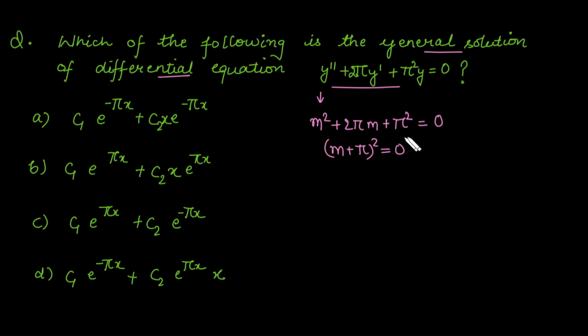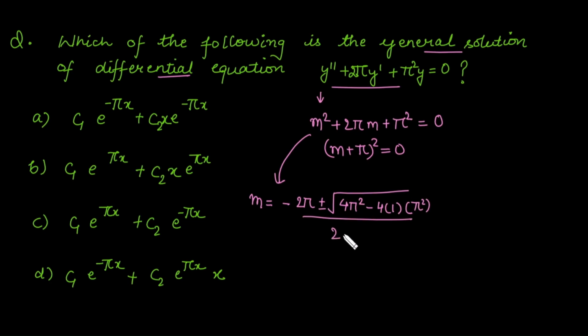If you are not getting this, you can use the formula in order to calculate the roots of this equation. So m is equal to minus b, that is 2 pi, plus minus under root b square, that is 4 pi square, minus 4 times a, that is 1, into c, divided by 2 into a.